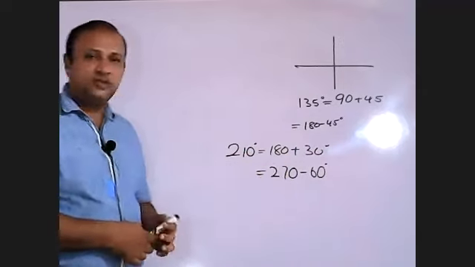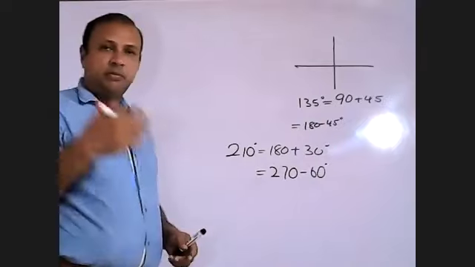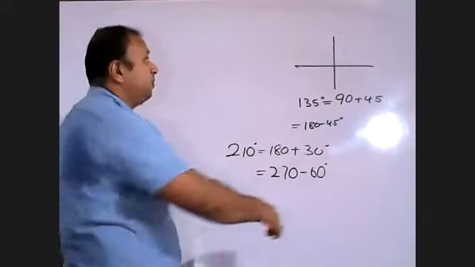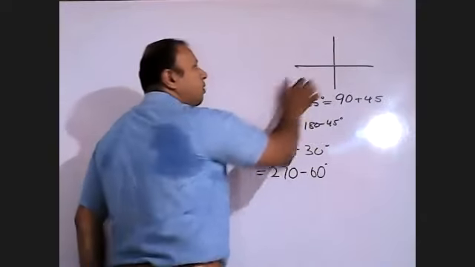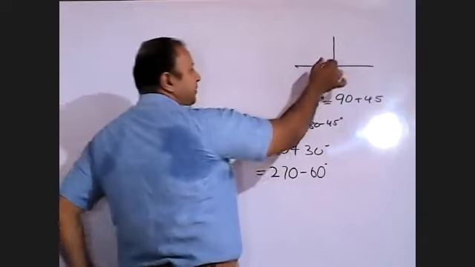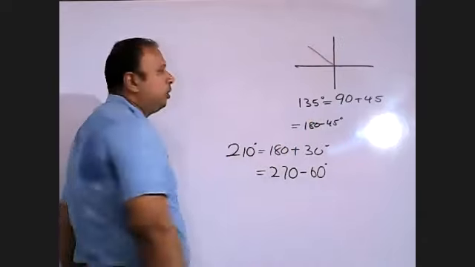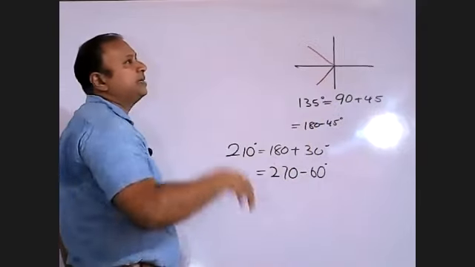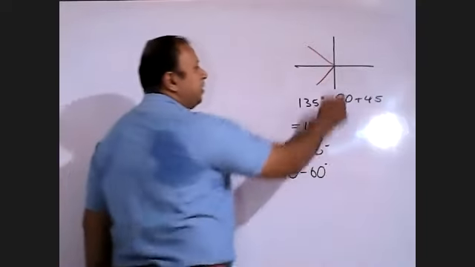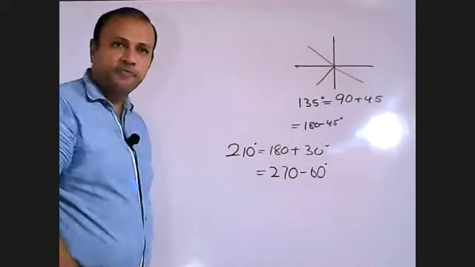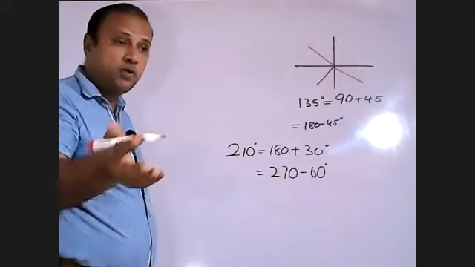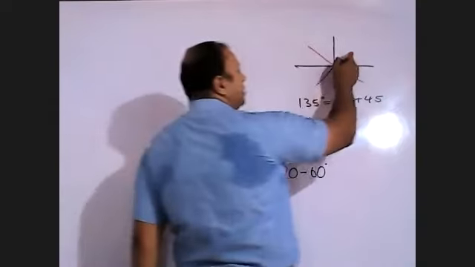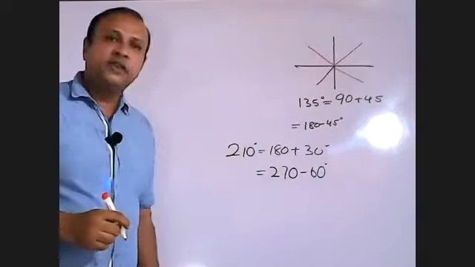It is very easy to understand, because any angle belongs to one of these quadrants. 135 belongs to Q2, 210 belongs to Q3, 330 belongs to Q4, and 360 plus 420, 420 belongs again to the first quadrant.